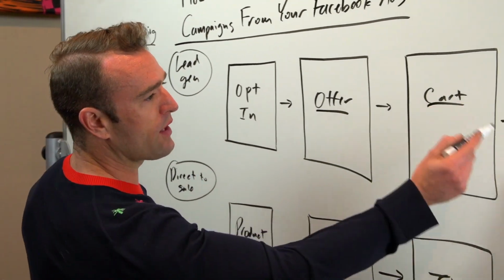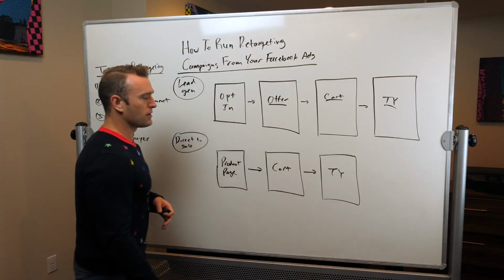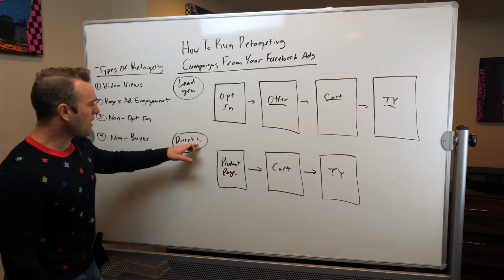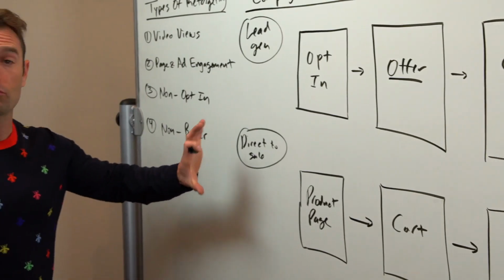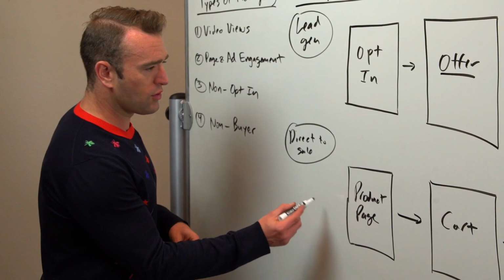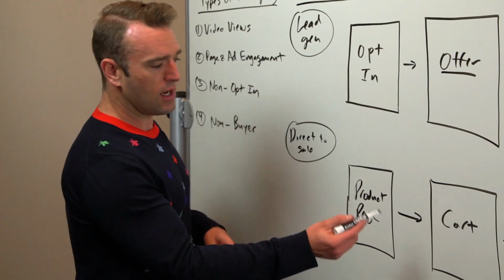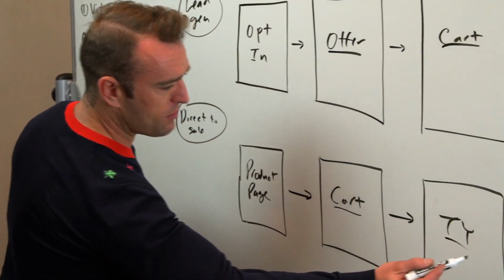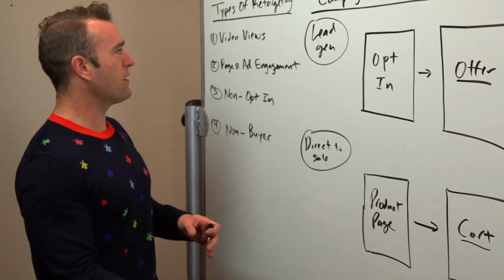If they choose to buy, they click over to a cart, and if they do buy, they go to a thank you page. Direct to sale is more like e-commerce, where we drive traffic to a product page. If they want to buy, they go to the cart, and when they buy, they're sent to the thank you page.